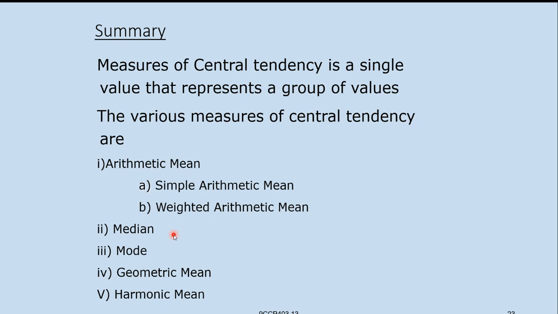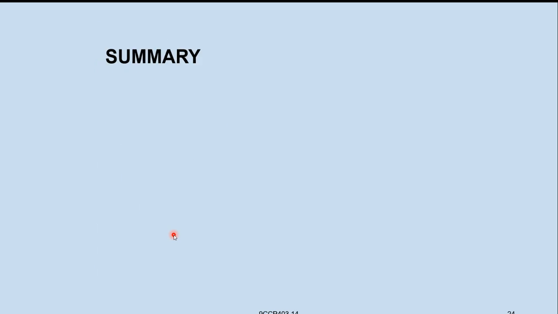In the next lesson, we will probably see the arithmetic mean, and in the coming lessons in the second and third units, we will cover all the averages. The arithmetic mean is calculated in two ways: simple arithmetic mean and weighted arithmetic mean. We will see this in detail when problems are solved.